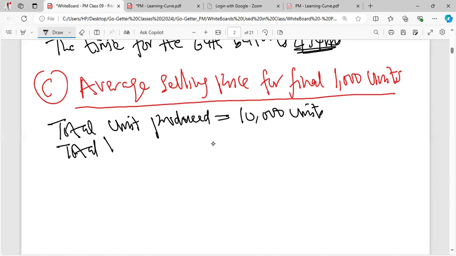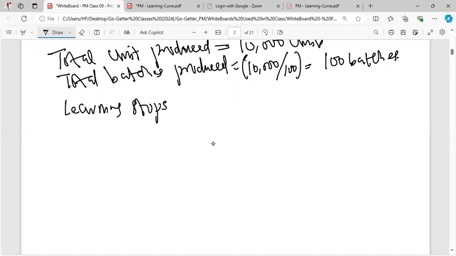Because we know our unit, to convert this to batch is going to be 10,000 divided by 100 units per batch. That will give me 100 batches.